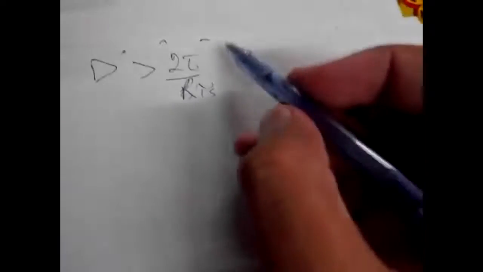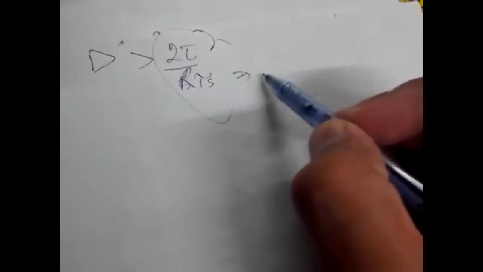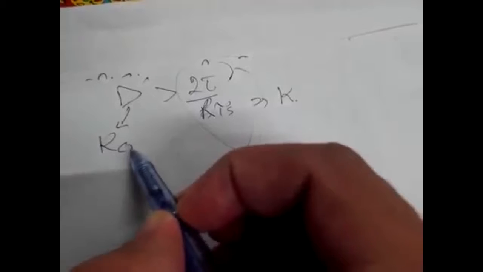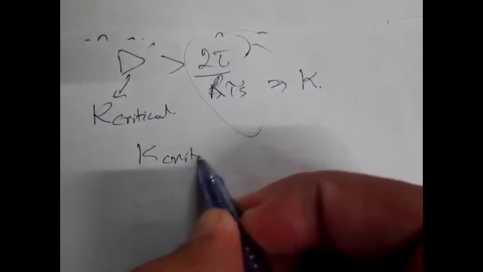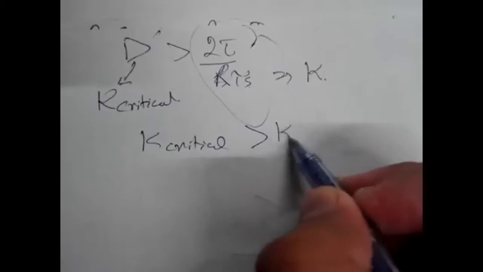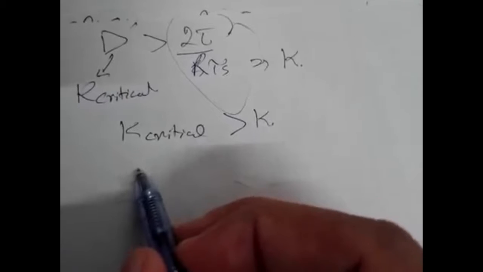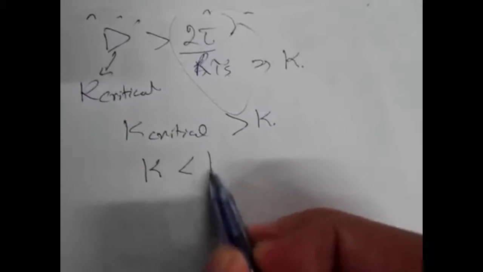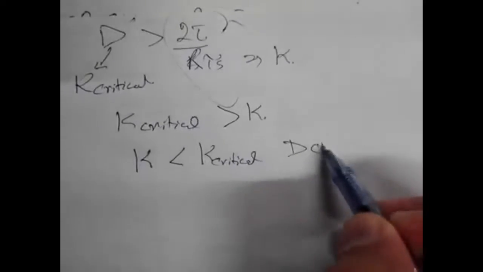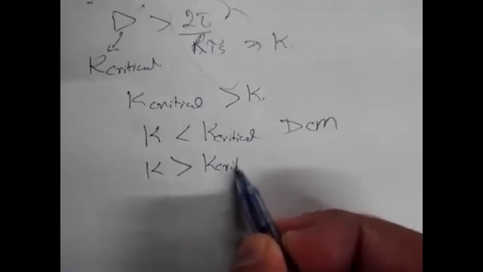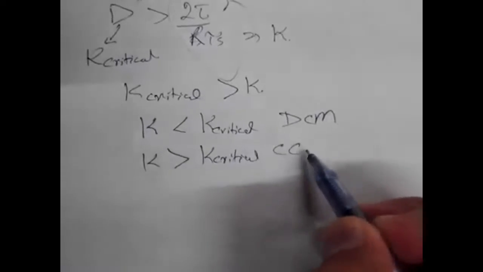So now this is the constant, so we give another name for it, K, and this is equal to K critical. So K critical is greater than K. So you can say that if K is less than K critical, then it will operate in DCM, while if K is greater than K critical, then it will operate in CCM.